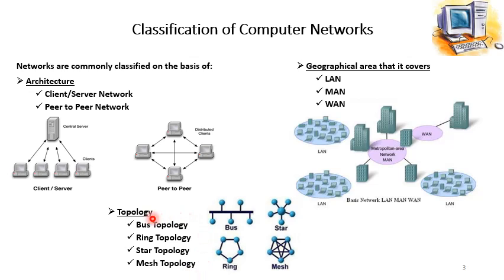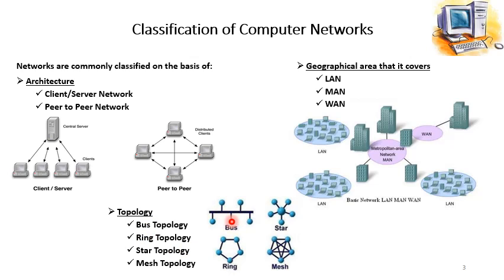In your book, of course, these terms are not discussed, but this is just for your information that the networks are classified in these three ways. First is architecture, second is geographical area, and third one is the topology, which is the arrangement of nodes.